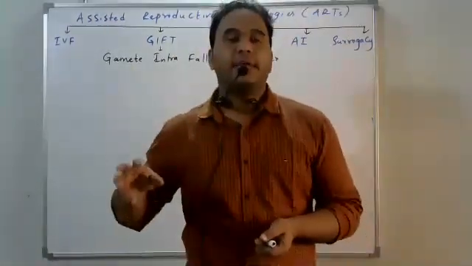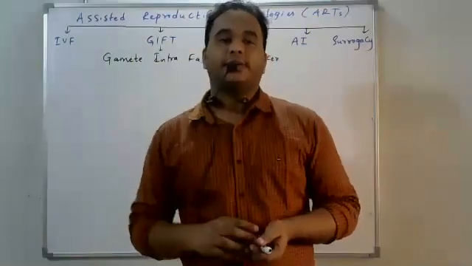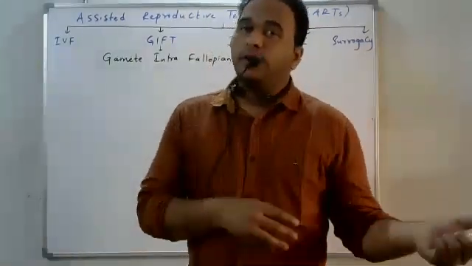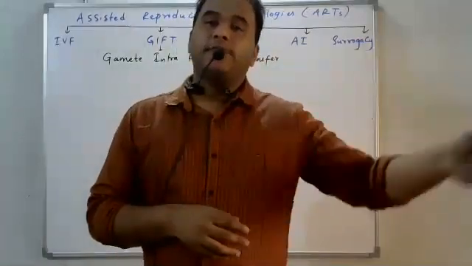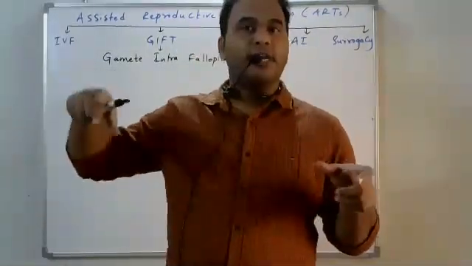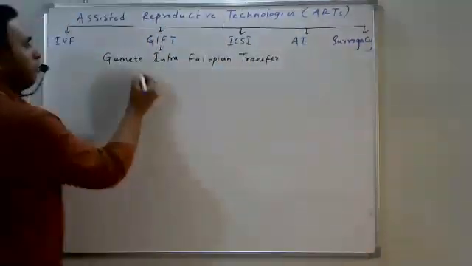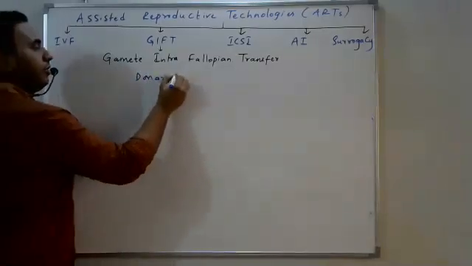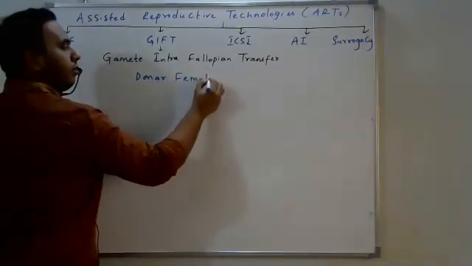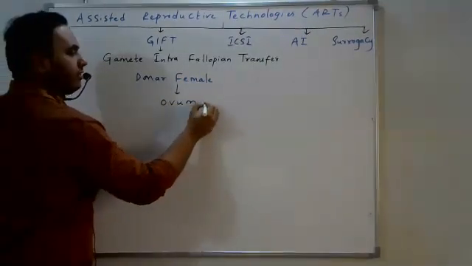Here one female acts as a donor, and from that female donor ovum is collected and transferred into the fallopian tube of another female who cannot produce the ovum. So here one female is giving the gift to another female. We have to consider it like that. From the donor female, ovum is collected.